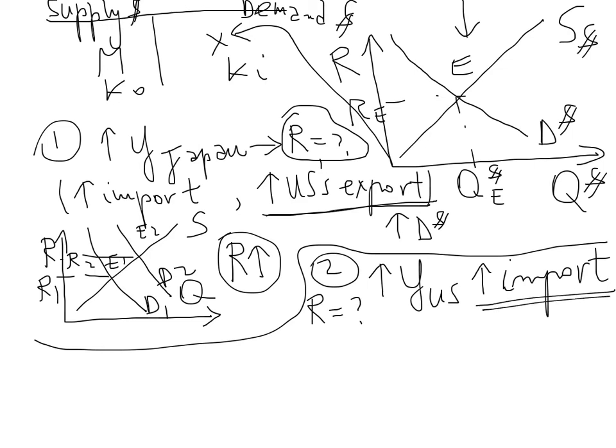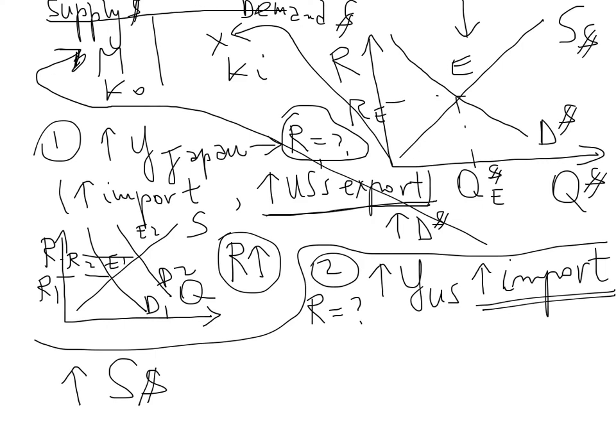Now, where are the imports on my chart? Well, look over here. Supply of dollars is related to imports here. So that means we are going to have an increase in supply of dollars. So let's show that on a chart. Quantity of dollars, exchange rate. This time we have an increase in supply of dollars.